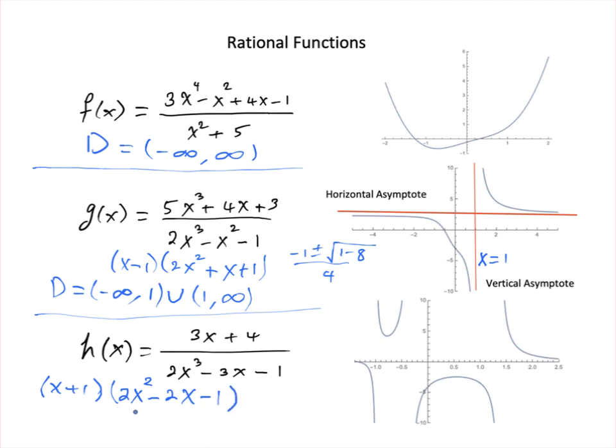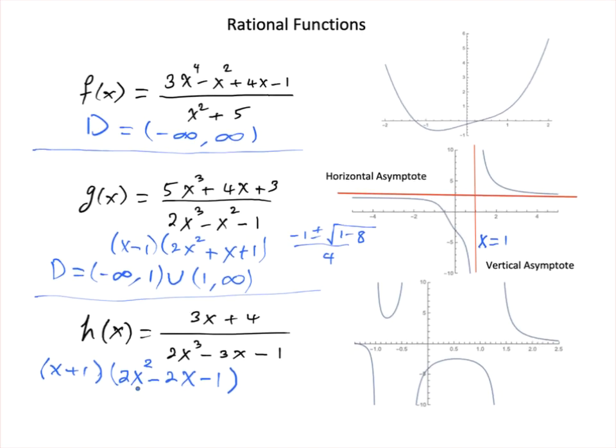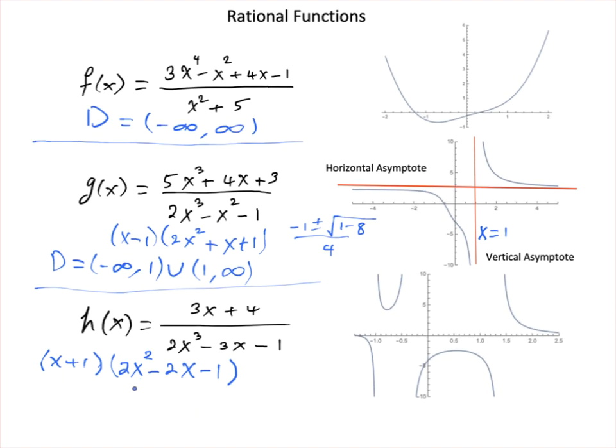Here, the 2x squared minus 2x minus 1 also has roots. We can find them by using the quadratic formula for this. So if I use the quadratic formula, first of all, from that I get x equal to minus 1, and then when I apply the quadratic formula here, I get 2 plus square root of 2 squared, which is 4, and then minus 4 times 2 times minus 1 is minus 8.